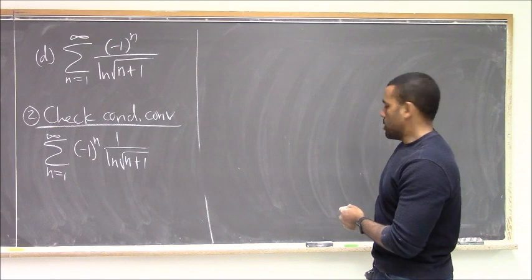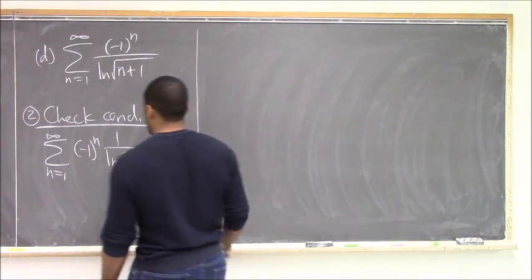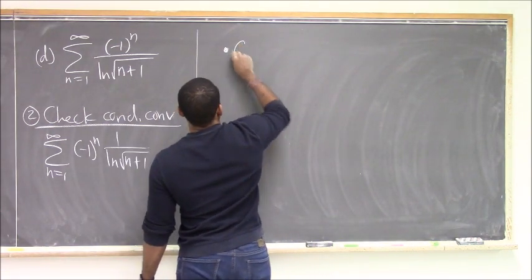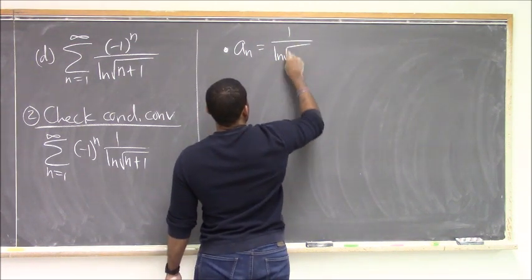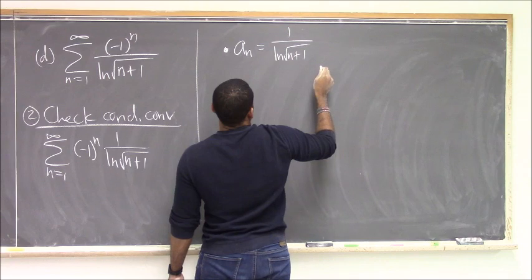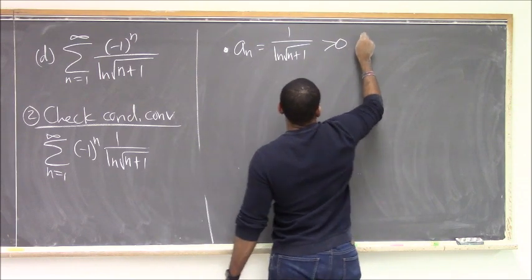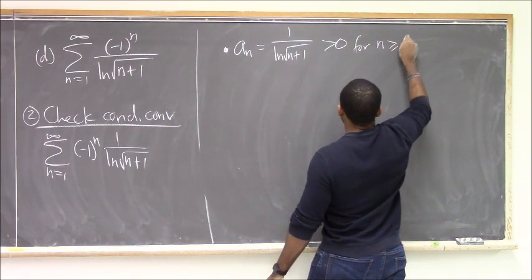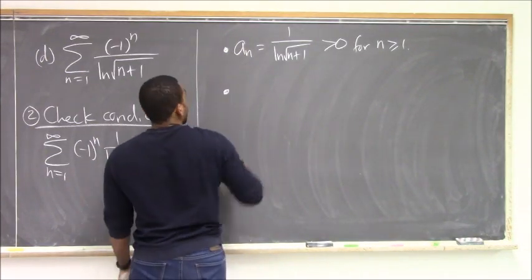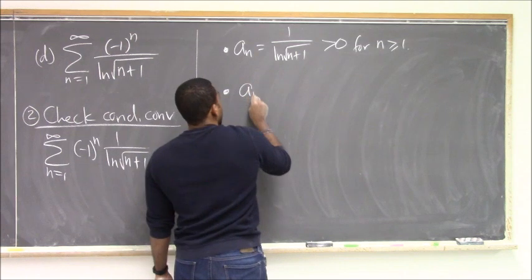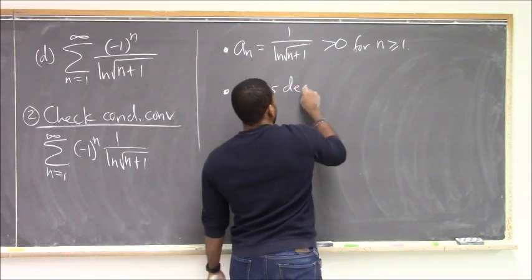So here's what we notice. a_n equals 1 over ln of n plus 1 is greater than 0 for n greater than or equal to 1. Also, notice that a_n is decreasing.